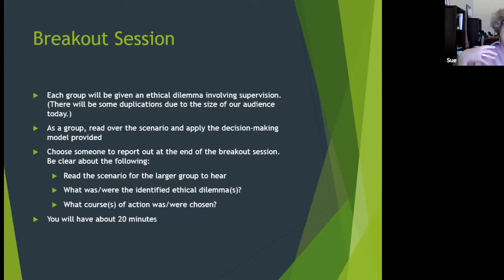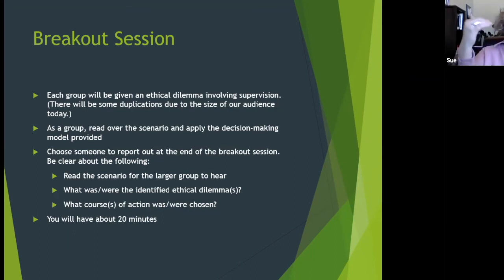So hopefully this works out. I'm going to go ahead and read out the ethical scenarios. It's in your handout for those of you who printed out your slideshow or printed out your booklet. The decision-making model from the American Counseling Association is in either one of those.